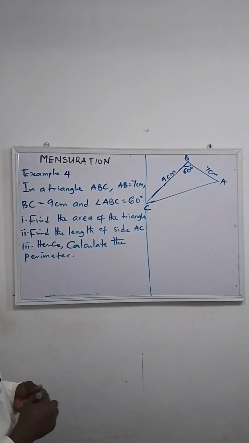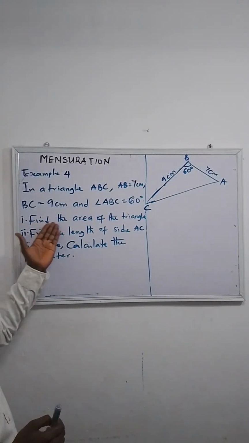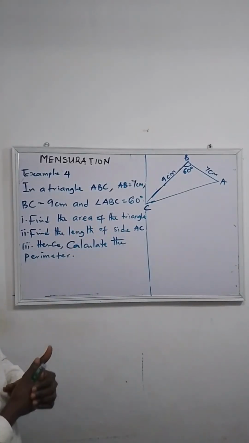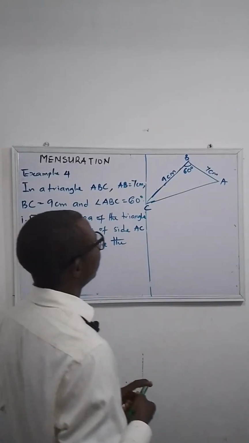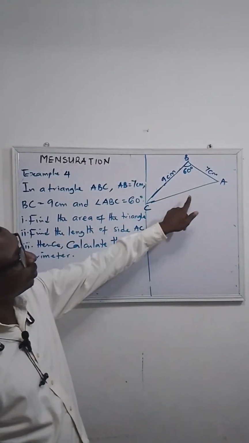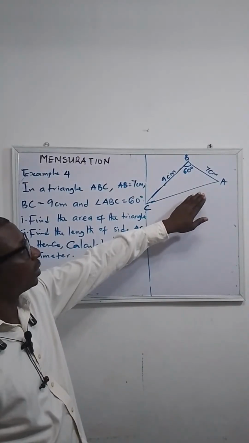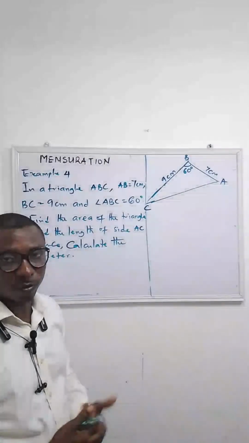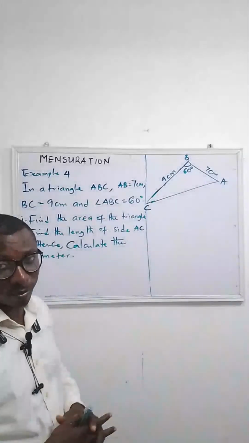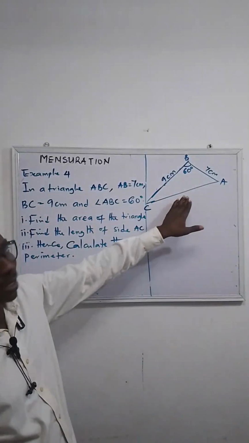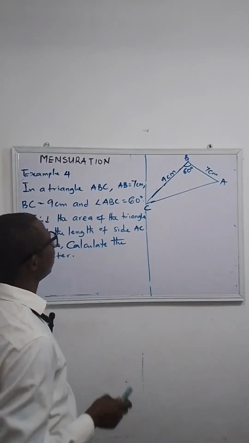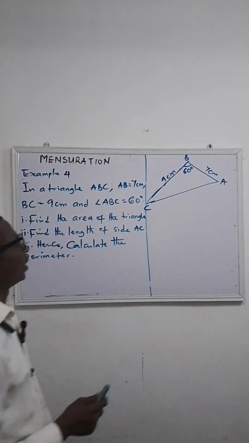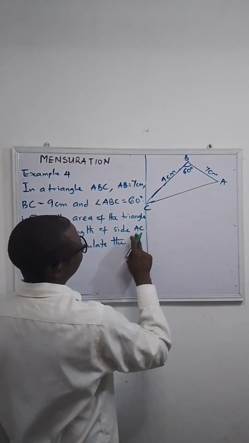Now the question wants us to find the area of the triangle. How do we get the area? Don't forget we need to know this last side. How do we get it? We can make use of the cosine rule or sine rule, but this time we are going to use the cosine rule to get side AC.